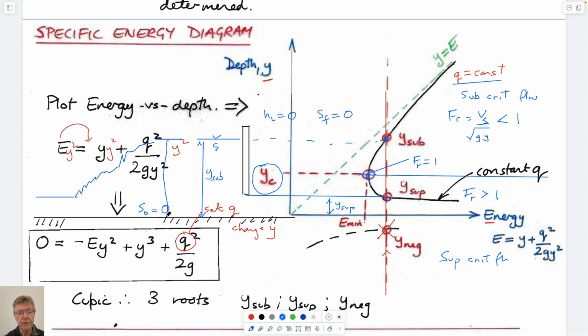So this is the downstream flow, which is supercritical, and this is the upstream flow, which is subcritical. It's the opposite, right? So this is subcritical, yeah, fine.